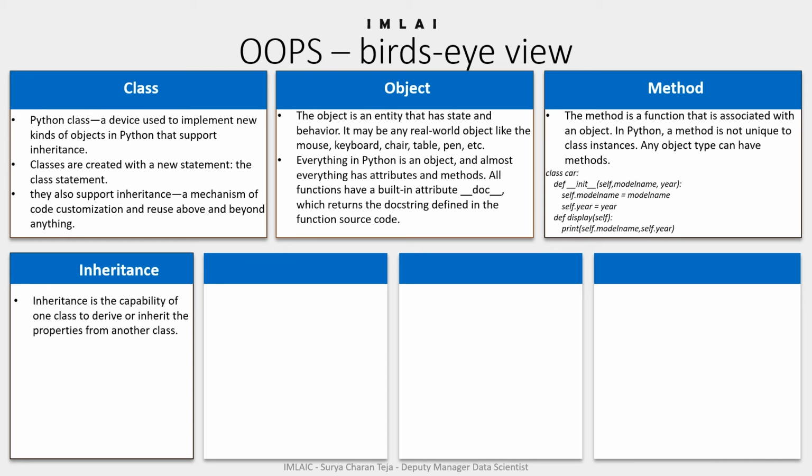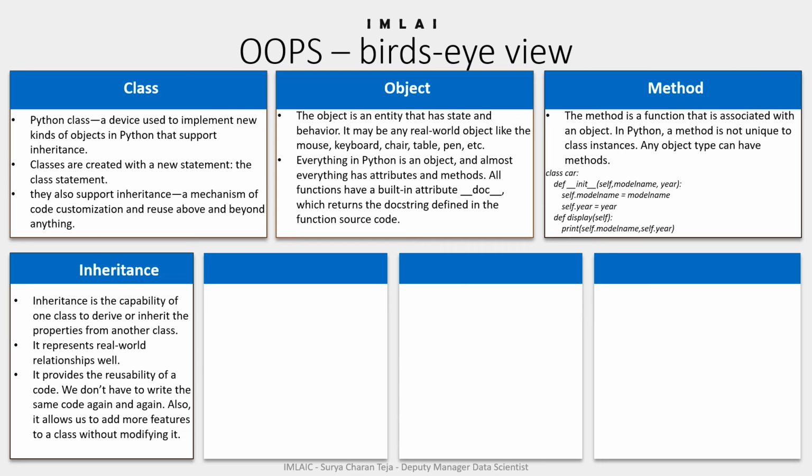I hope the present day generation will think about knowledge inheritance from our ancestors, and it represents real world relationships well. It provides the reusability of code. We don't have to write the same code again and again. Also, it allows us to add more features to a class without modifying it.